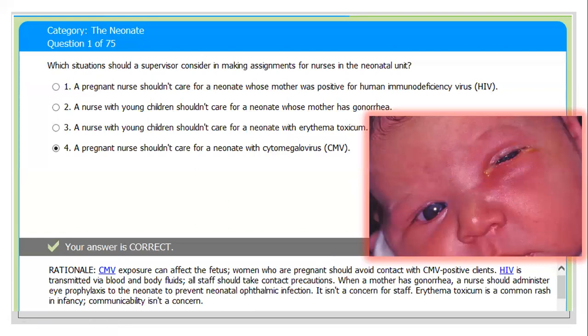Cytomegalovirus is a common virus that infects people of all ages. Over half of adults have been infected with CMV by the age of 40. Most people infected with cytomegalovirus do not show any sign or symptom of the disease.